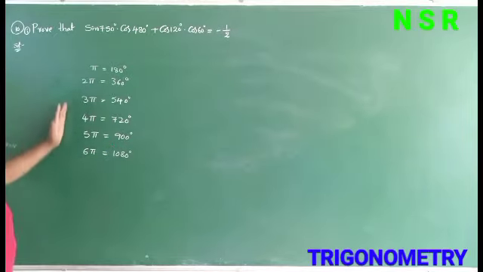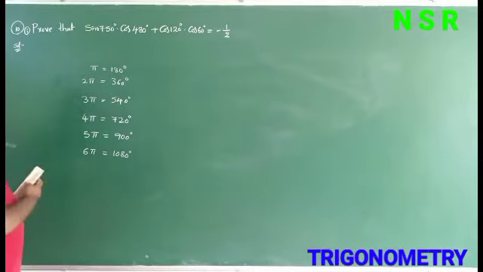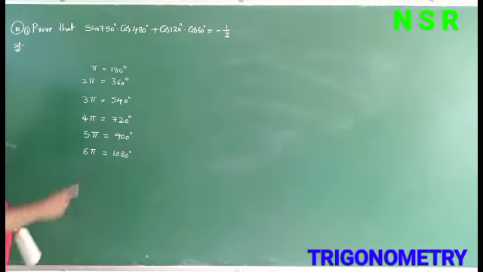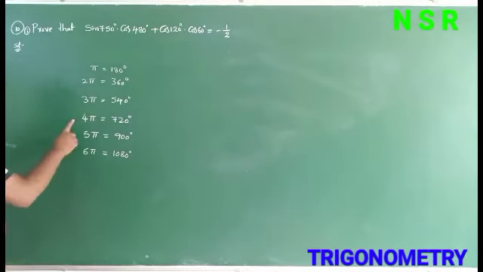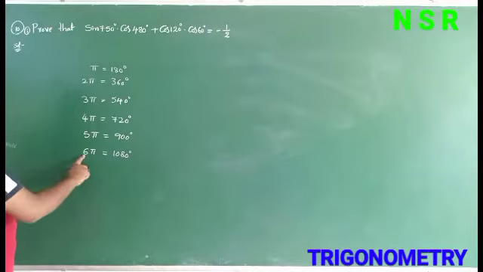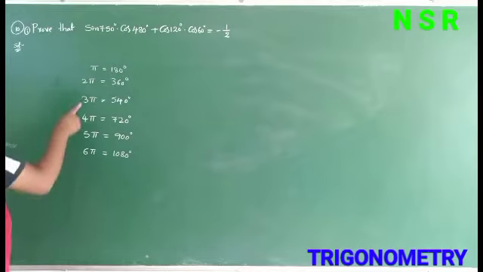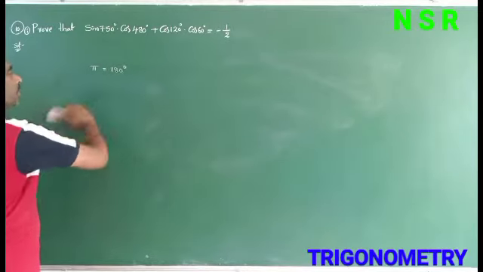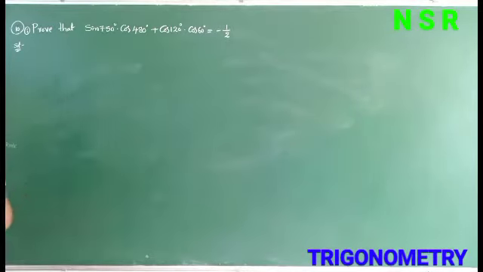If you know these values, you can easily find this type of questions. 4 pi we can write as 2 into 2 pi, that is 2 into 360, and 6 pi is 3 into 360. So these are even multiples and these are odd multiples, so the value will change. So you remember the values from pi up to 6 pi.